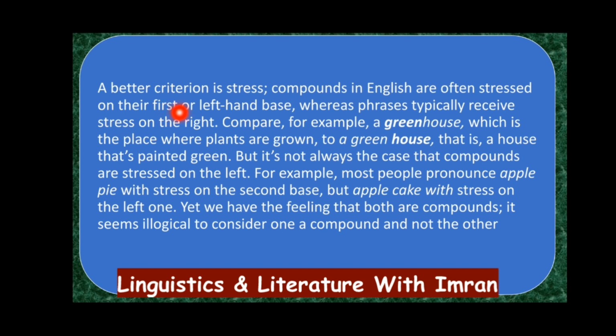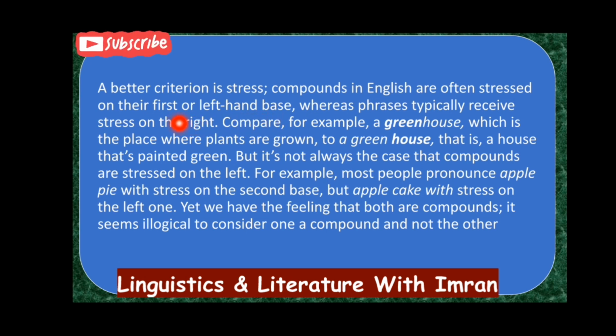A better criterion is stress. How do we understand whether it is a compound or a phrase? A better criterion is stress. We will know a compound with the help of stress. Compounds in English are often stressed on their first or left-hand base, because a compound word is the composition of two words, right?